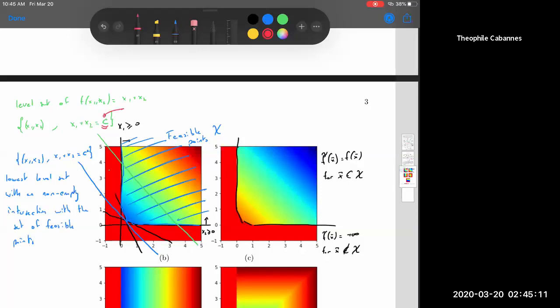You fix the value of the level set, and then you try to minimize this value such that you still have at least one point in the feasible set. So here, for example, from this C, we go to this C star. You go from this level set to this level set. And this level set is the lowest level set with a nonempty intersection with the set of feasible points. And this gives you that the optimal point is here.